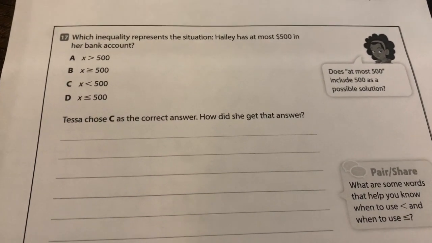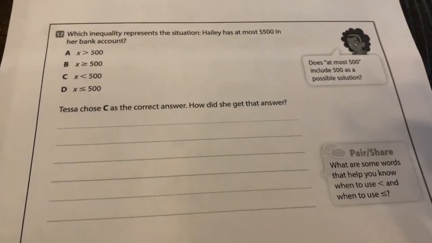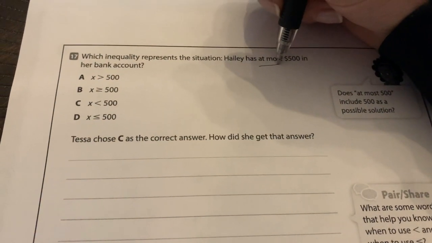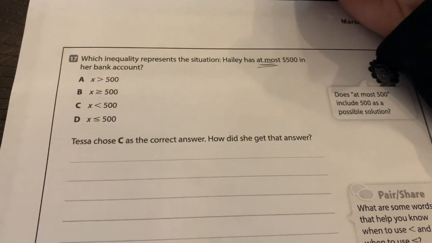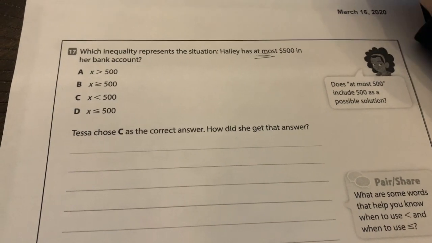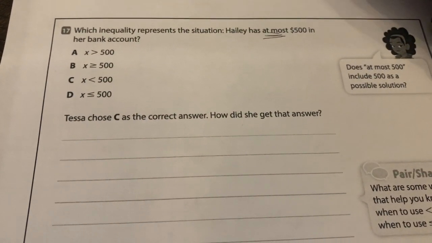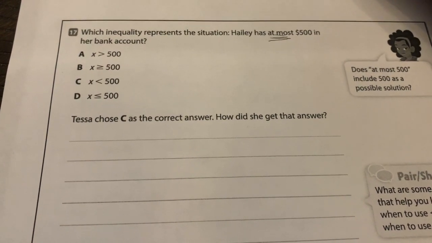Okay, and now for our final question. Which inequality represents the situation? Haley has, at most, $500 in her bank account. Remember, this is one of those cases where you want to put yourself in a situation. Imagine that it's your bank account and you're saying that you have at most $500. What does that mean?